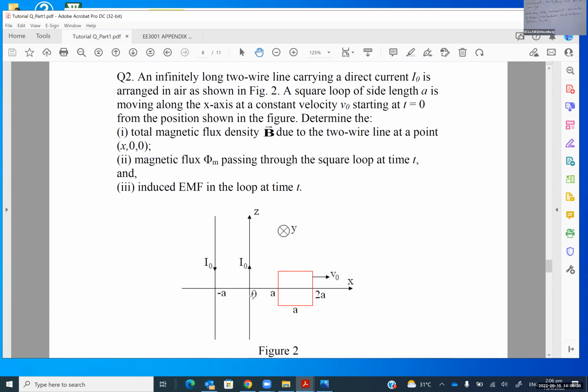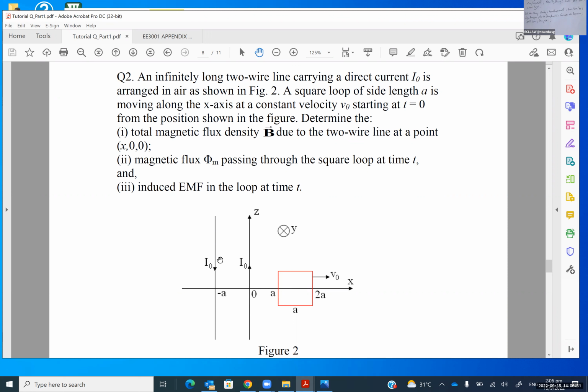Therefore, the H magnitude is equal to I naught divided by 2 pi X. All agree? That's the magnetic field we have calculated due to this first wire.